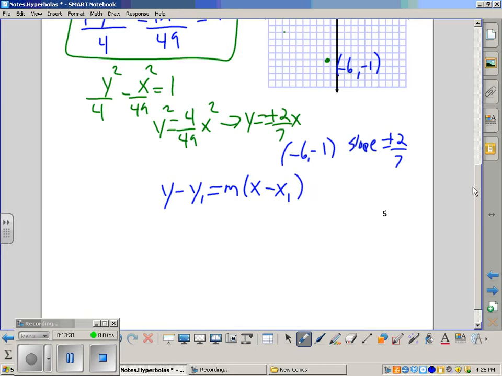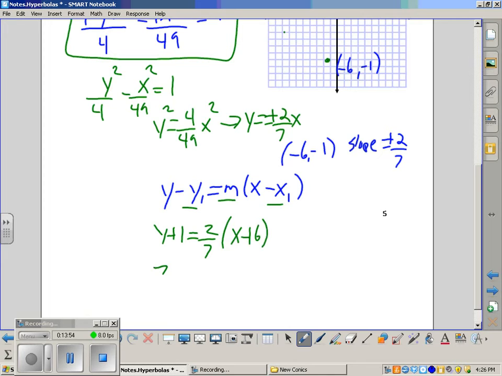Remember, both of the values for x and y are negative, so this is going to be plus 1 equals, let's do the positive slope. So there's the first equation.